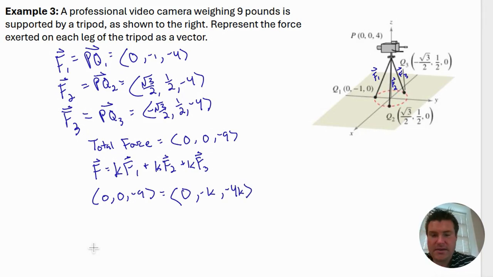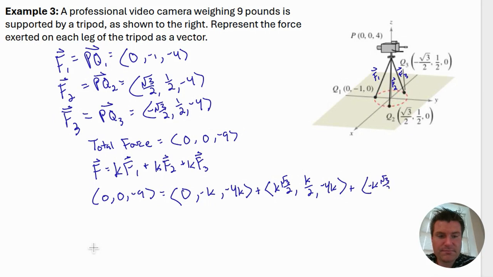And then I'm going to get plus k root 3 over 2, k over 2, negative 4k. Plus, I'm adding my third one in now, negative k root 3 over 2, k over 2, negative 4k.